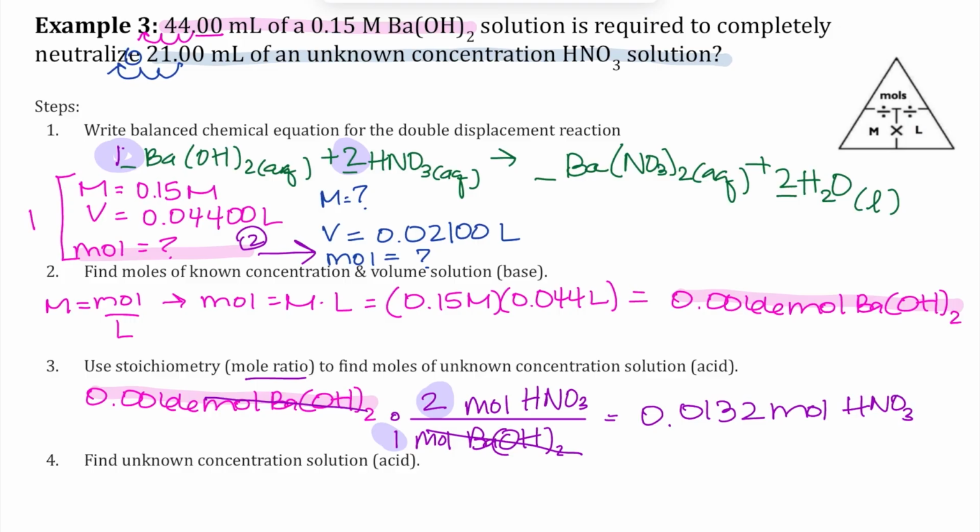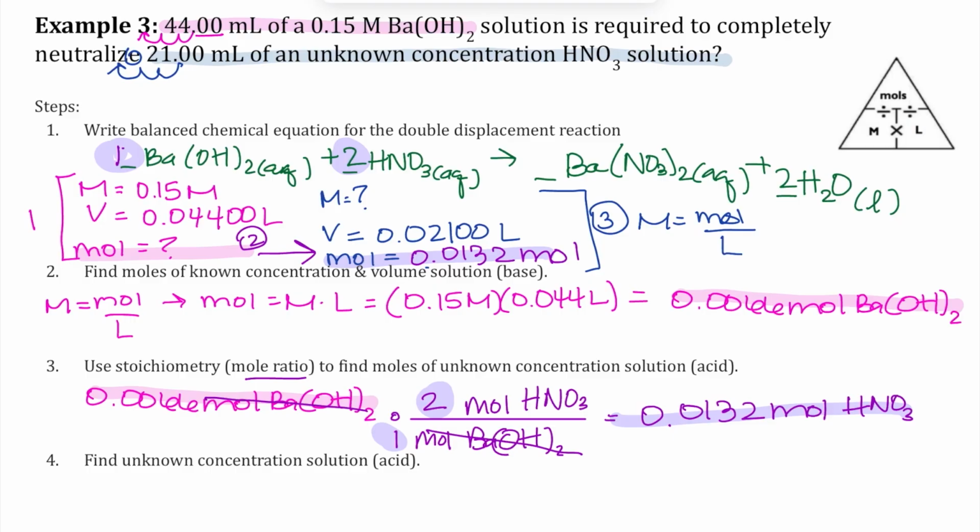All right, now going ahead, this number I think I just kept in my calculator as we go through. Remember, these don't have sig figs. I'm going to make sure my sig figs are correct all the way at the end. So taking this, now I know my moles of HNO3, 0.0132 moles. My third step is to use that molarity formula again to find the concentration of that acidic solution.